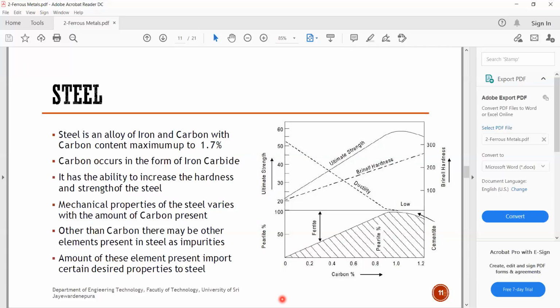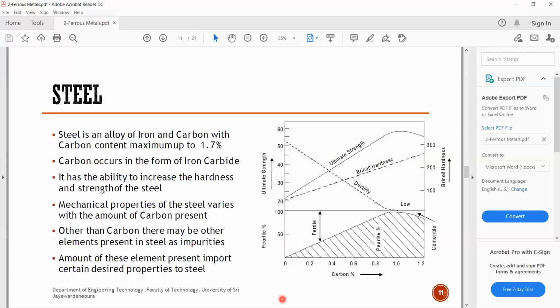So if an iron compound has one or more than one non-ferrous element, then you can call this an alloy. So steel is an alloy because it has iron and carbon as the main components.